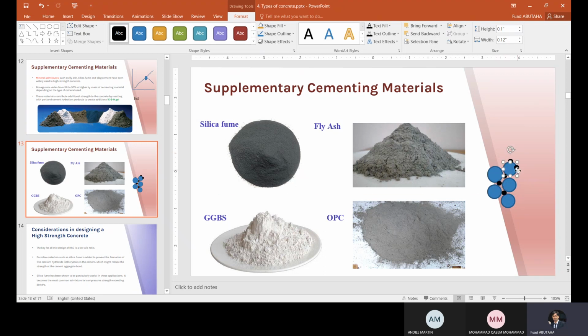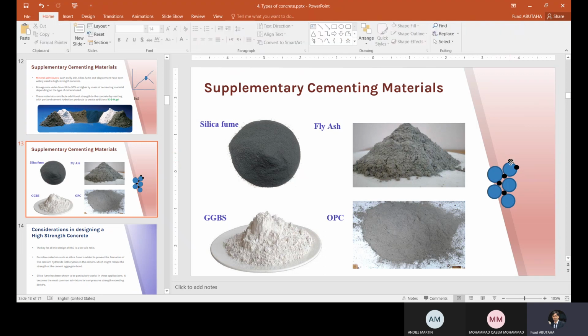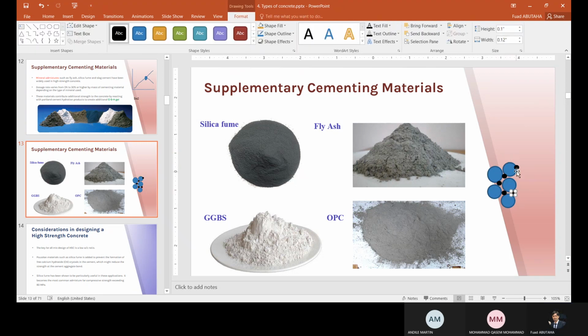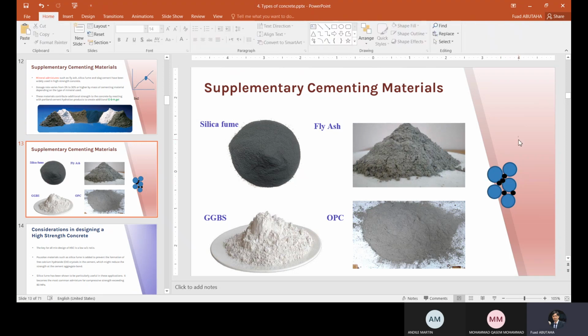So the concrete will be more compacted, more dense, with less voids, because the particles come and fill all the spaces between the particles.